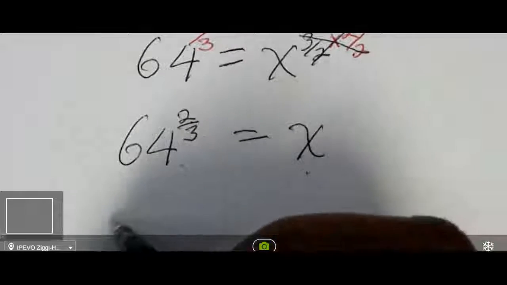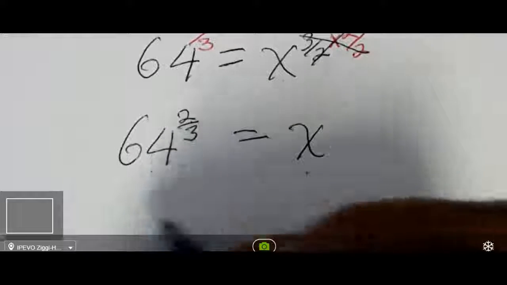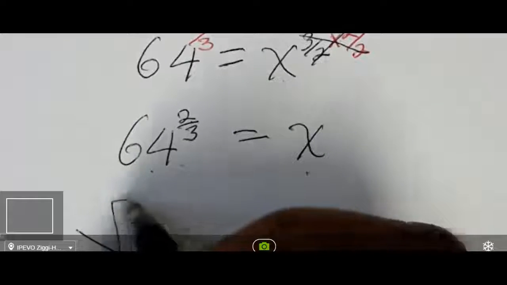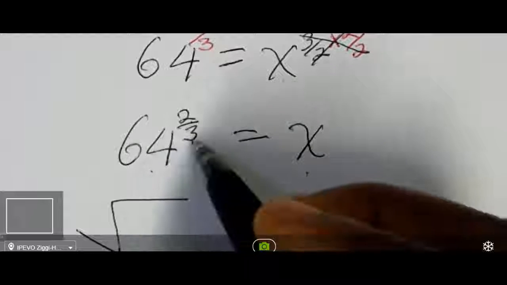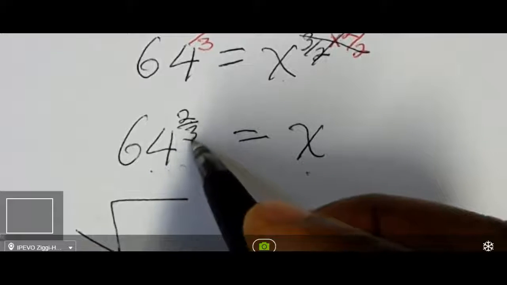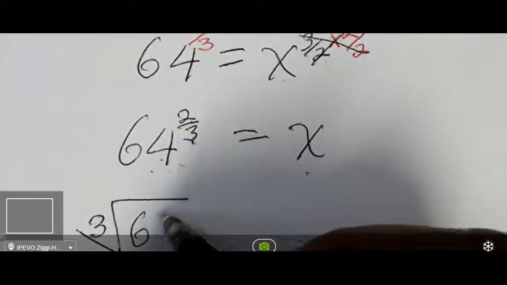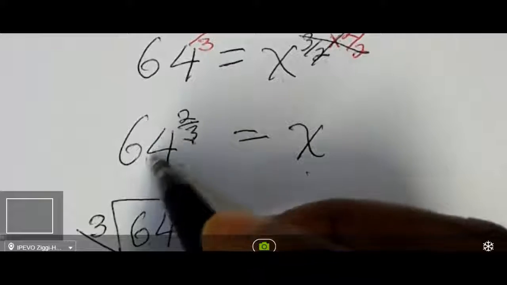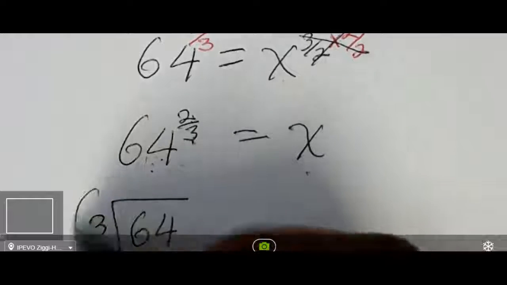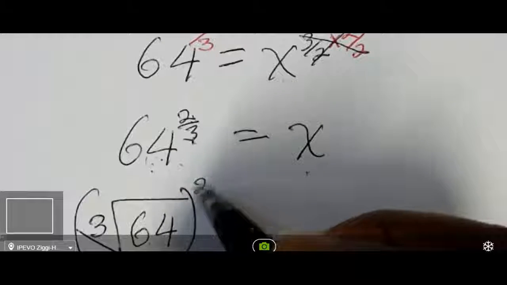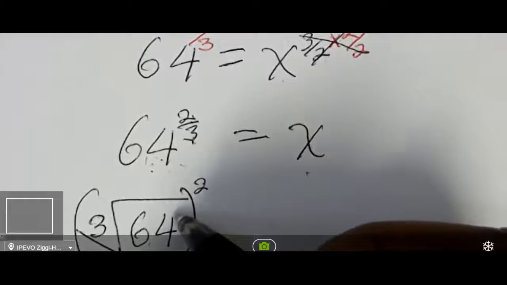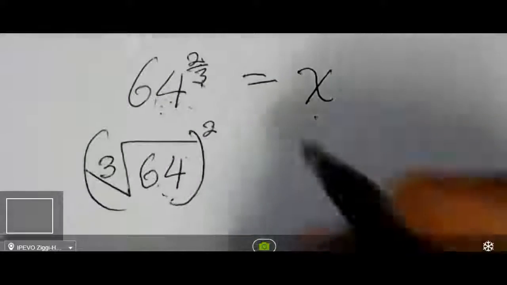Remember that you can write this as a radical, which will be a cube root. The denominator is the root, and the base is still the base. And the power, the exponent, you can write on top or inside. Both will give you the same thing.